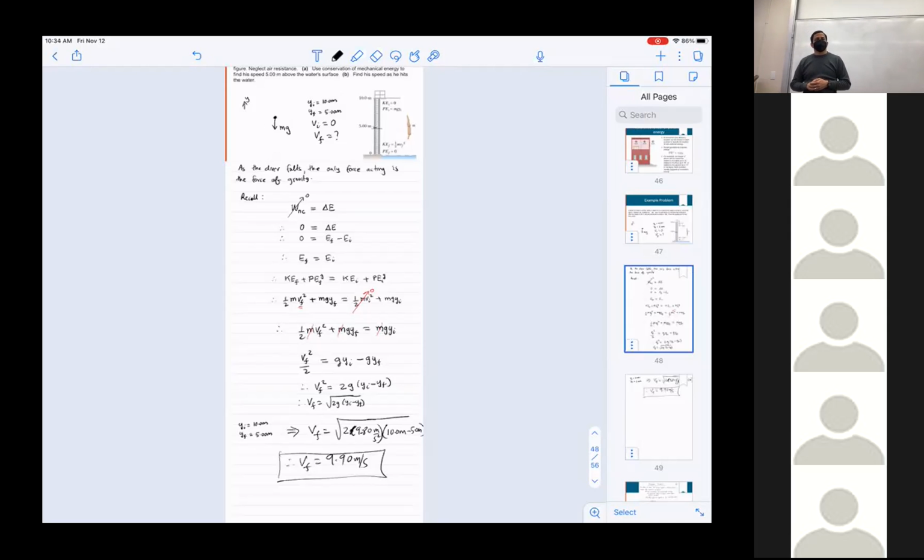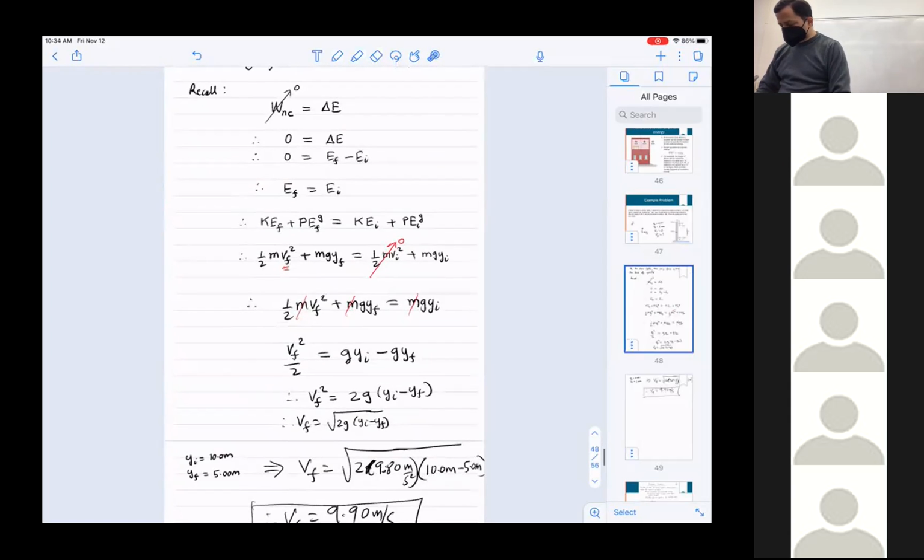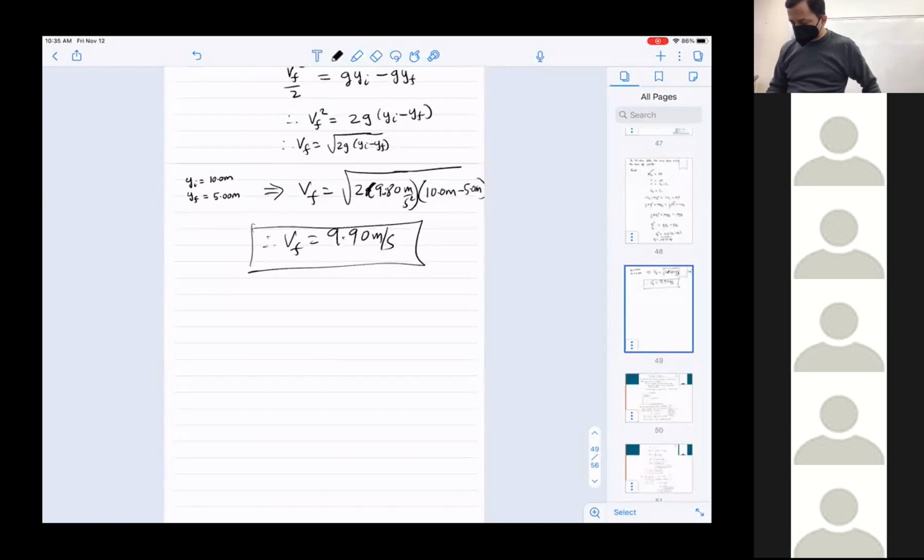Any questions on that? Now there's a part B that says find the speed of this diver as he hits the water. And again, the logic is the same. So if I go down here to part B, which is find speed when diver hits the water.